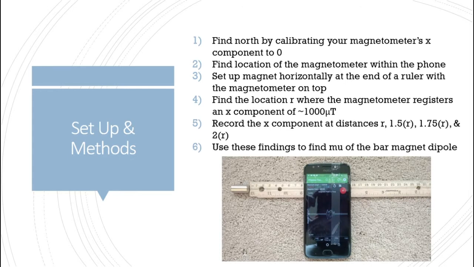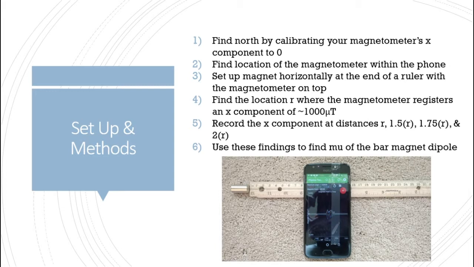So our setup and methods: first we had to find north by calibrating our magnetometer's x component to 0. Then we needed to find the location of the magnetometer within the phone by calibrating it further. Then we set up the magnet horizontally at the end of a ruler with our phone magnetometer on top.